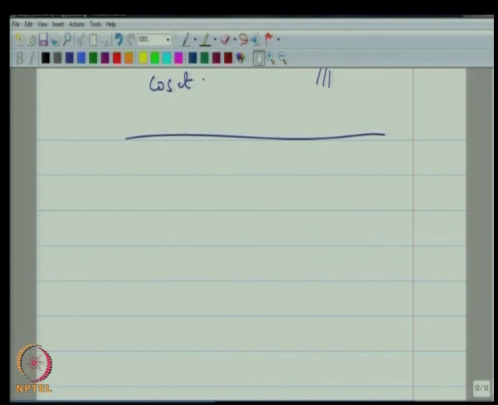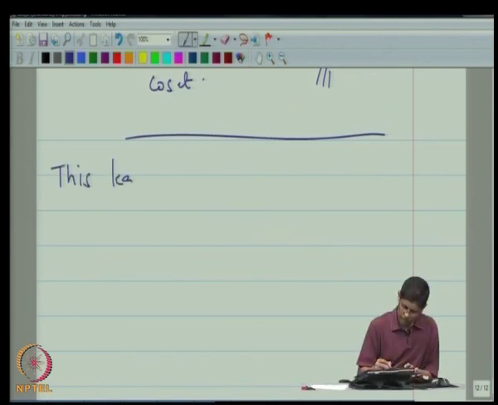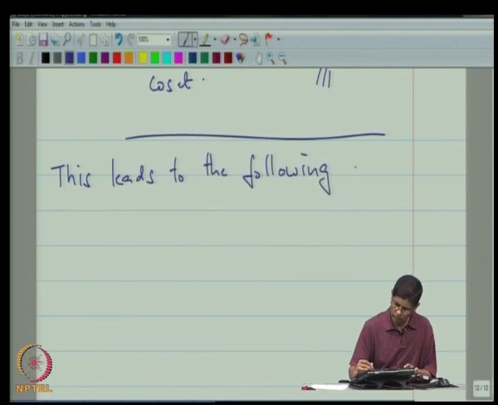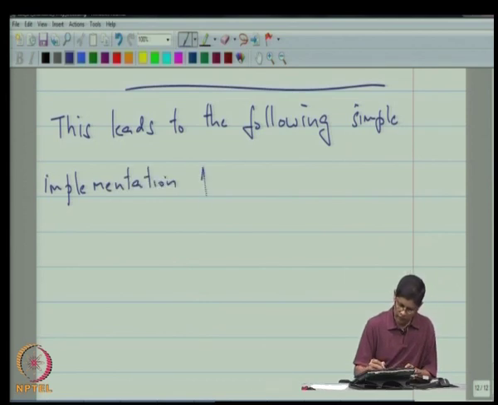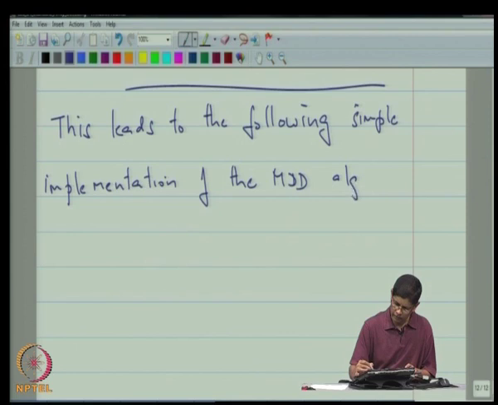but just so that we are clear, let me write down the steps. This leads to the following simple implementation of the minimum distance decoding algorithm.